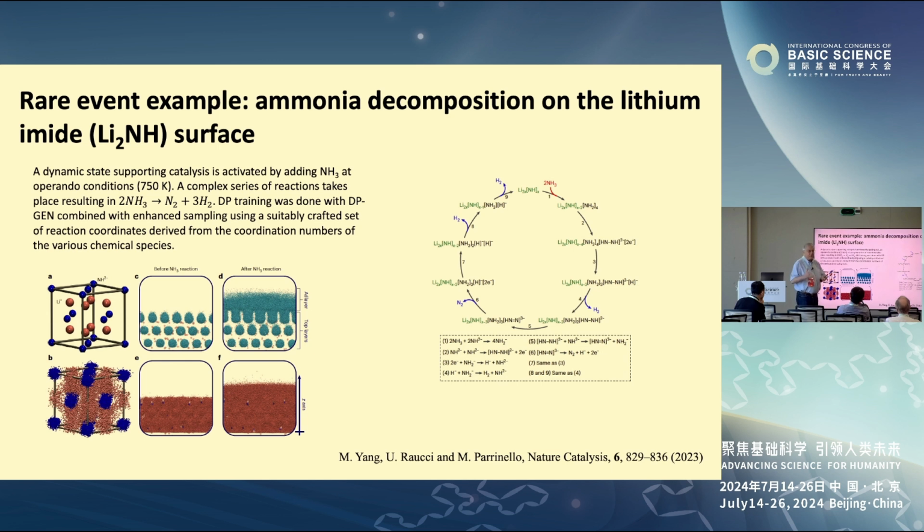So those are the conditions at which the reaction really takes place, and they considered this system that is lithium imide, which has a crystalline structure like that. But if we raise the temperature, operando condition will be at 750 K. At 750 K, the lithium is superionic, and the lithium ions move around in the system.